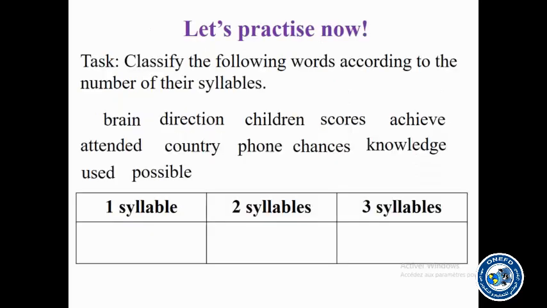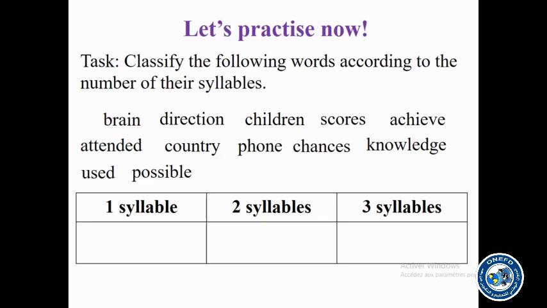So let's practice. Activity: classify the following words according to the number of their syllables. Do we have one syllable, two syllables, or three syllables? Here also I gave you 12 words, more than for your back paper, but well, just training. I give you now, let's say, 8 minutes.